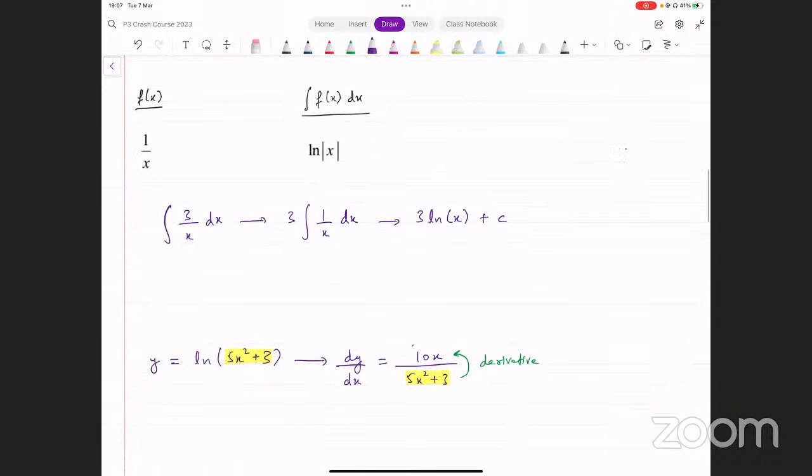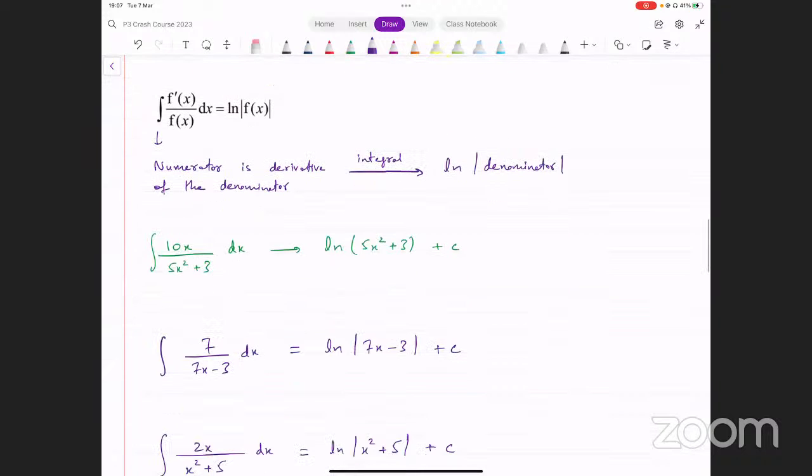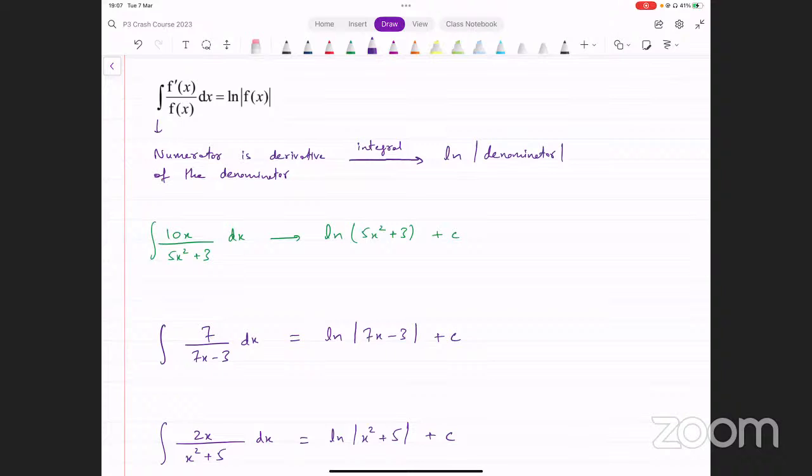Okay, so that's what we did in the last session. Then we talked about the integral of 1 over x and anything that looks like this, where the derivative of the denominator is in the numerator. When the numerator is the derivative of the denominator, its integral is going to be log of the denominator. This is one very major rule for integrating fractions.